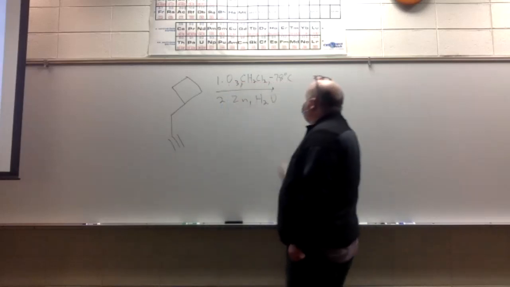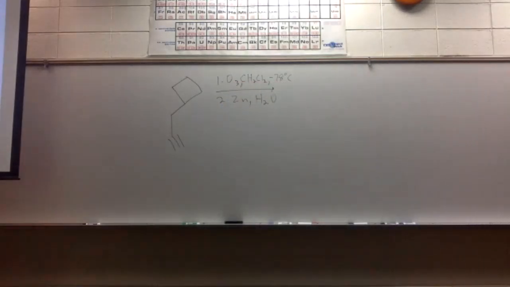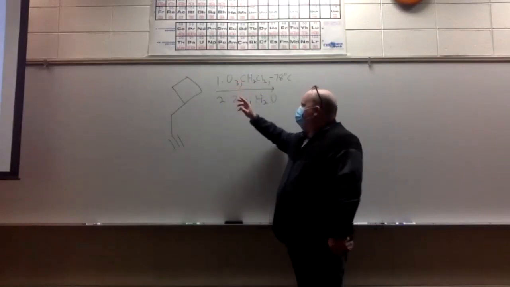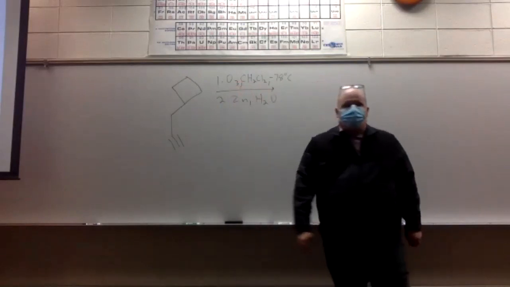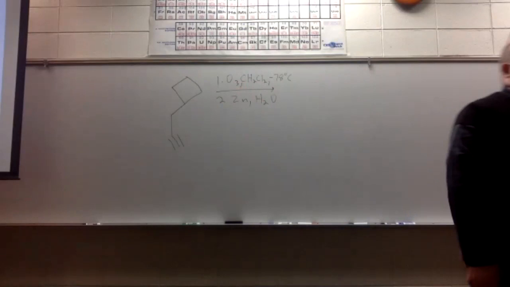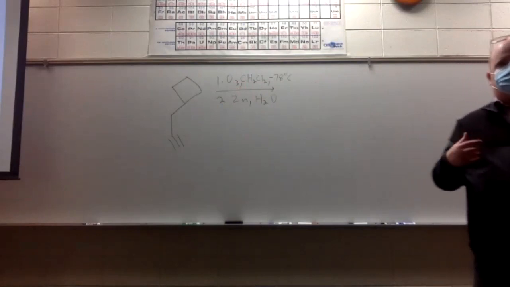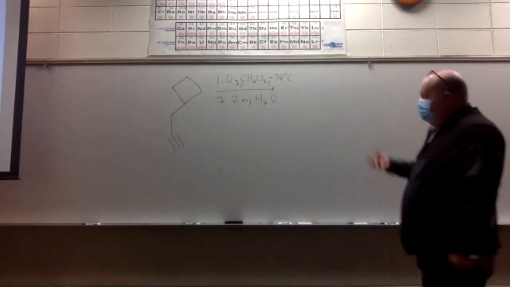Okay. So a couple of things. Sometimes you'll see the reaction setups are a little bit different in Sapling. Just to clarify what these are, O3 is ozone. We've talked about that. CH2Cl2 is dichloromethane. That's a common solvent that's used.